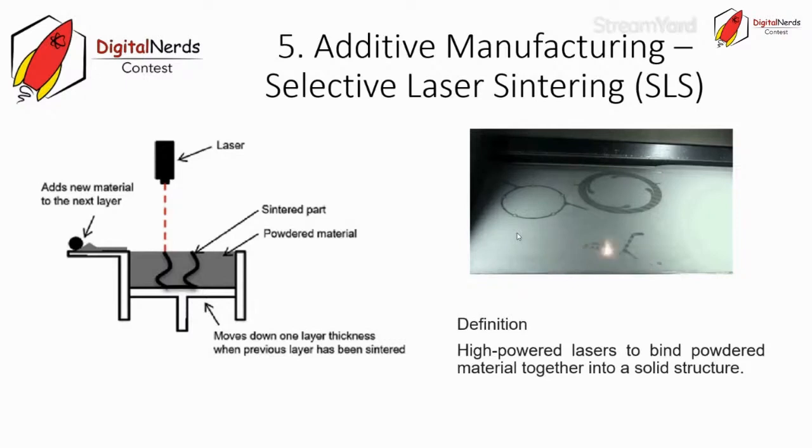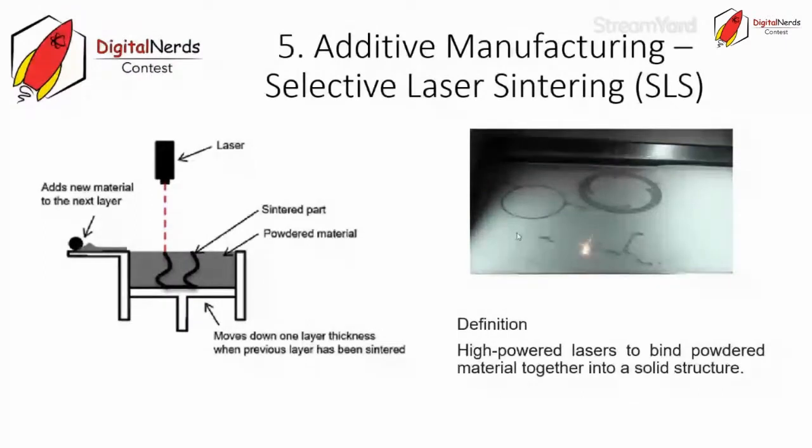Here we can create metallic parts with a raw material from powder, and we create each cross section of a part as the laser passes and melts the material in our desired way. After the first layer is finished, we add more powder, more raw material, with a roller, and after that we repeat the process until we obtain the final part.